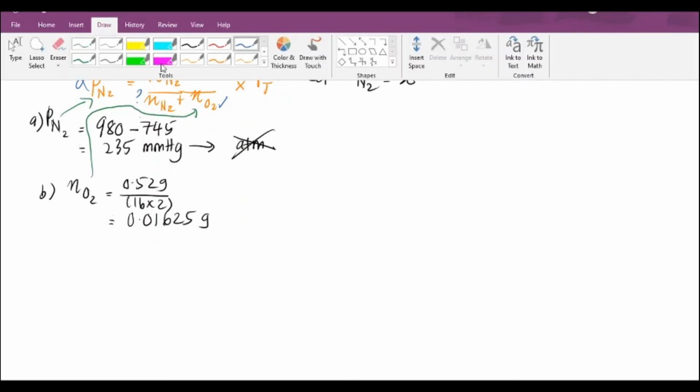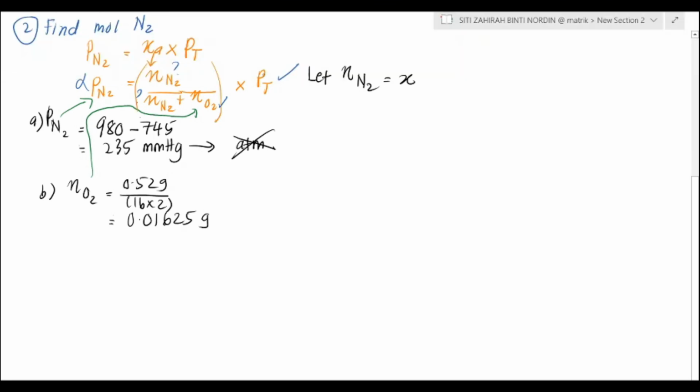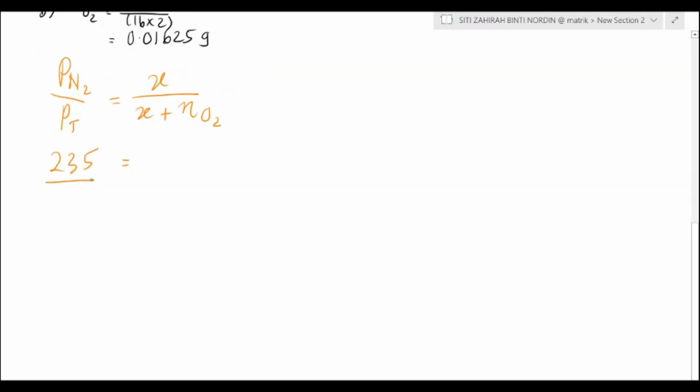Just finish at the second step, the multiplication, right? So just bring your PT to the other side. It's going to be pressure N2 divided by pressure total equals X over X plus mole of oxygen. So pressure N2 would be 235, pressure total would be 739.